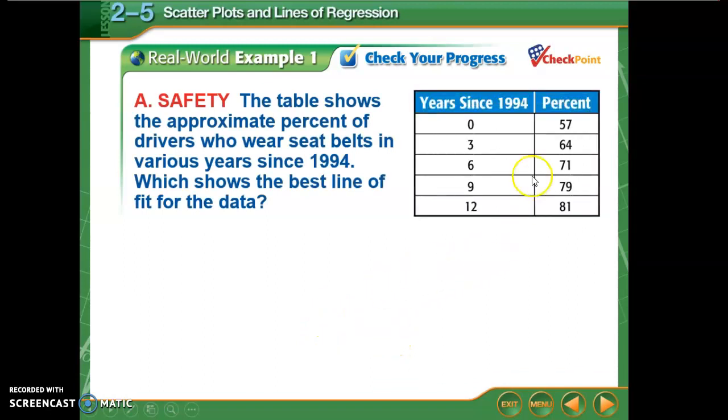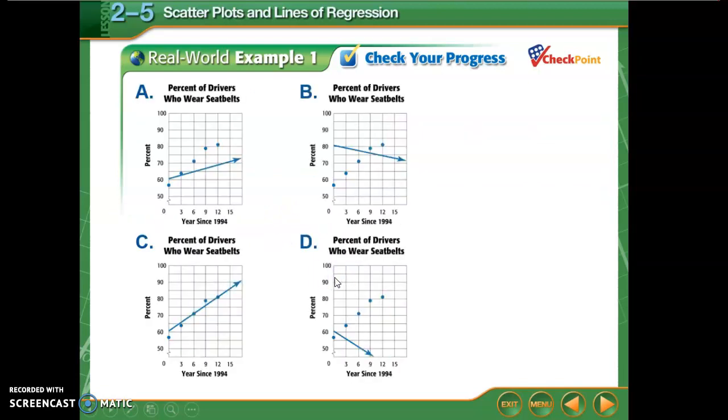Alright, check your progress. Try the next problem. So years will be your x's, and then your percent's gonna be your y. So which shows the best line of fit for the data? So let's take a look.